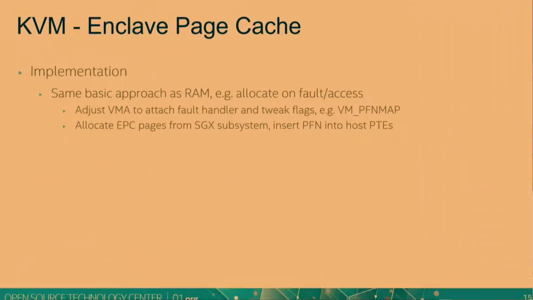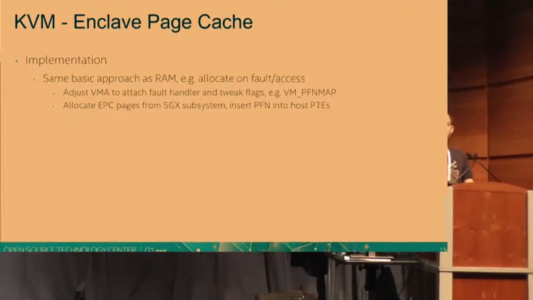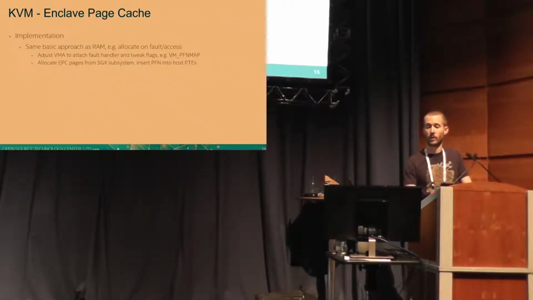For the EPC, virtualizing that is kind of the same approach as normal RAM. Allocate on fault access. To actually set things up, we have to attach to the VMA to put in our own fault handler, because EPC memory is not stored on standard normal memory in the host. So we have to tweak flags, point at the right PFN, and allocate the pages from the SGX subsystem.